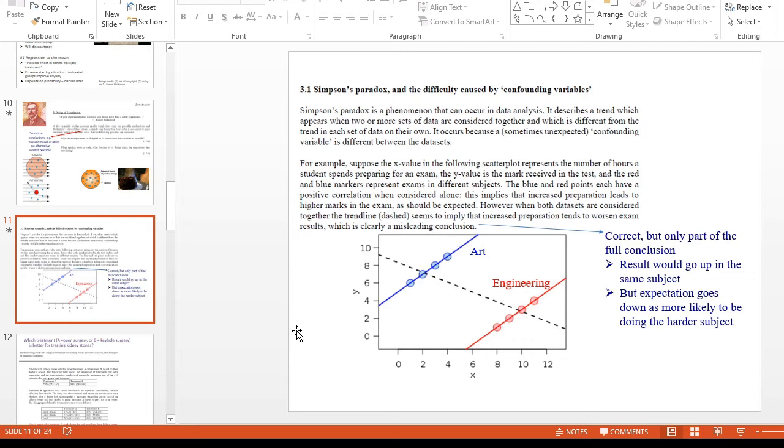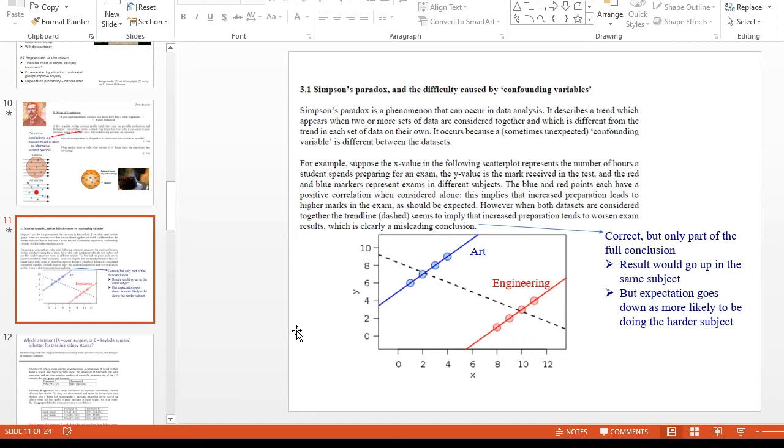We have here a plot, and on the x-axis of this plot we have number of hours spent revising for a test. On the y-axis we have the score out of 10 received in the test. And you have here two different coloured sets of data.